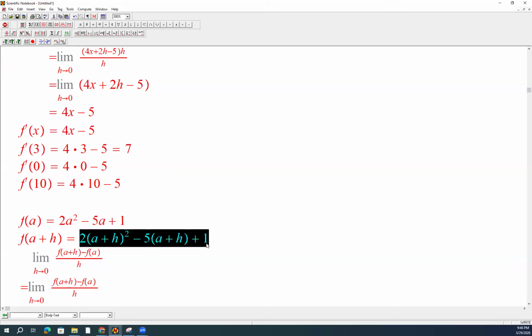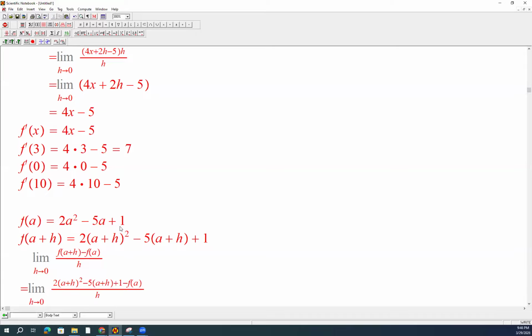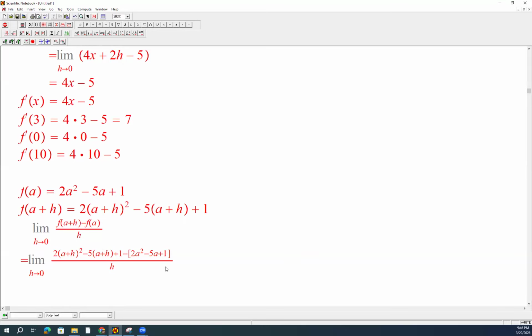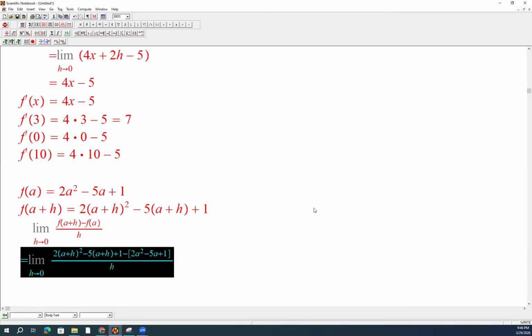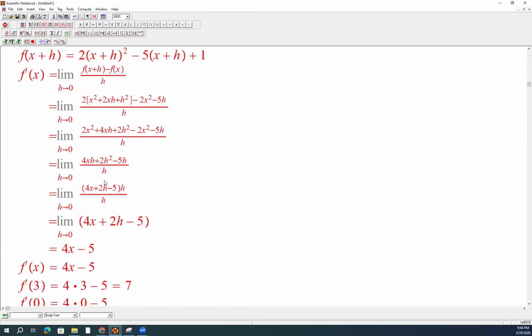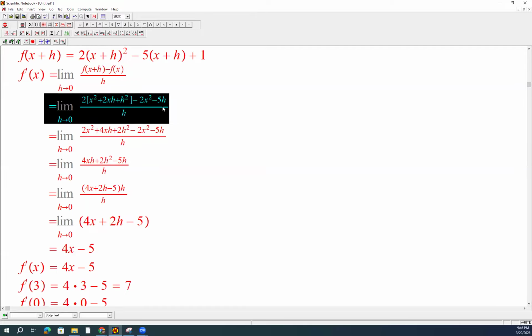Okay, so you can put all of these inside the formula and use this piece as your f of a. Remember what we just did, and this piece will be similar to what we did over here.